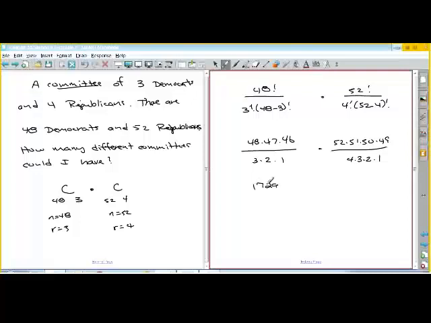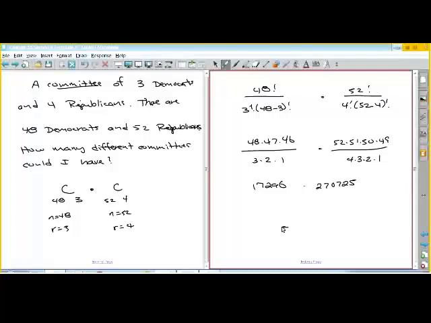Let's see what we get. 48 times 47 times 46 divided by 3 divided by 2 divided by 1. So there are 17,296 committees or arrangements for the Democrats, and then there's 52 times 51 times 50 times 49 divided by 4 divided by 3 divided by 2 divided by 1.